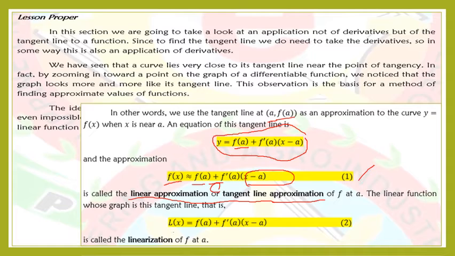L of x is equal to f of a plus f prime of a times (x minus a). So actually, parehas lang, diba? Equal lang sila. Equivalent lang sila. So this is what we call the linearization. Kung linearization, ibig sabihin L of x yung formula natin. Kung linear approximation or tangent line approximation, ganito yung makikita ninyo na symbol.